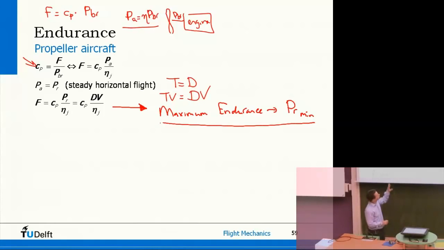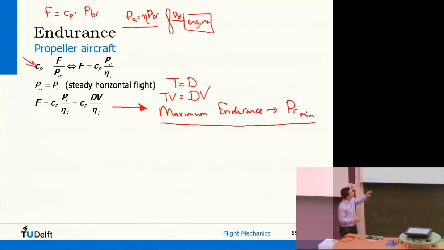If I put it in the equation and I say, okay, drag is actually CD over CL times weight, so that also follows from lift is equal to weight, then I get this long equation.